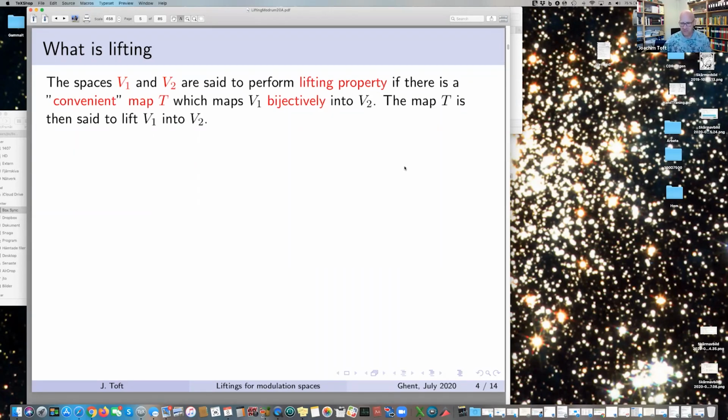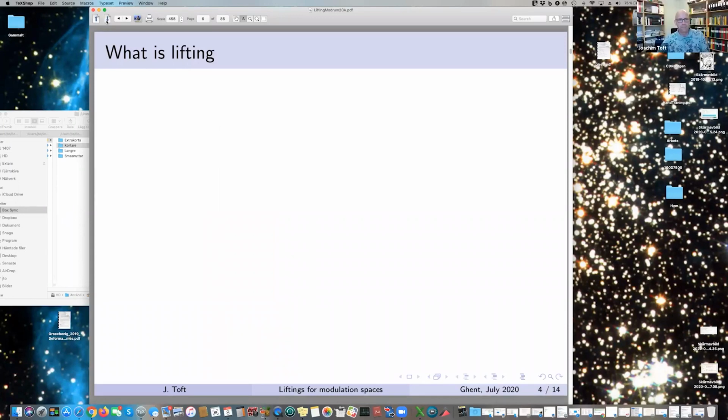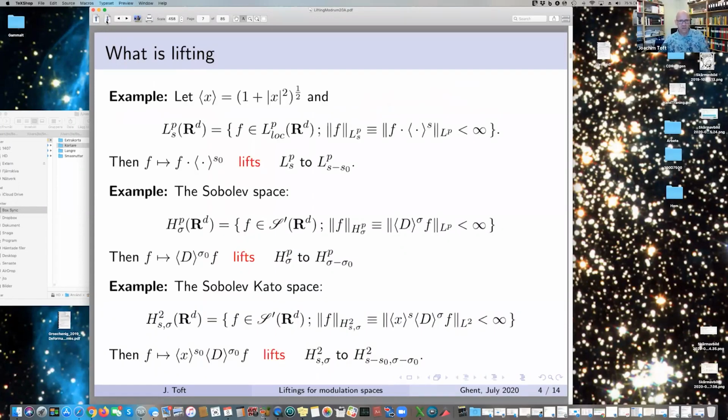Just to give some examples. If we take the usual weighted L^p space and have this multiplication operator that takes f into this, it will give a lifting from L^p_s into L^p_{s-s0}.